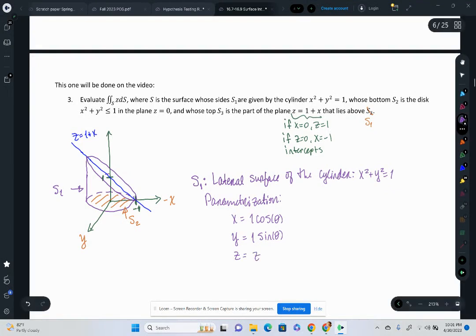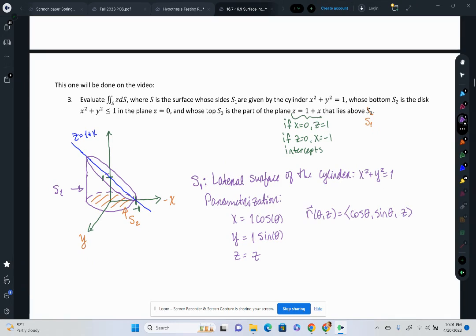Okay? Now, we need bounds for these. We are going to have bounds for Z and for theta. Okay? We're looking at R of theta, Z is cosine of theta, sine of theta, and Z. And so the bounds on theta, those are pretty simple.